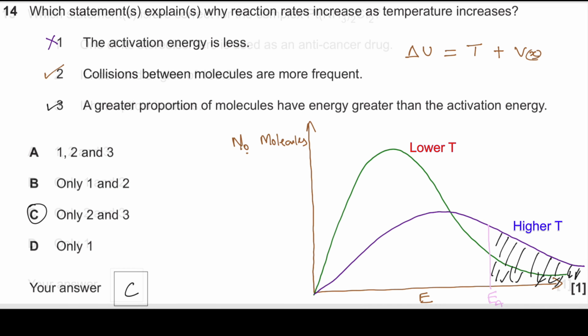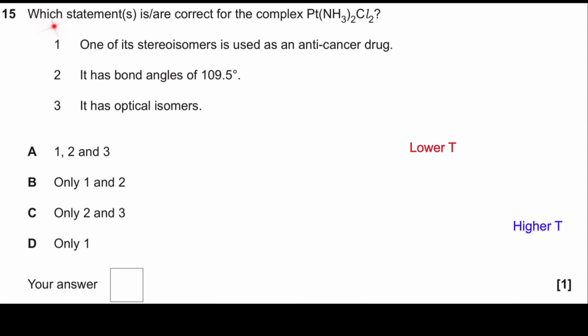Question 15. Which statement or statements is or are correct for the complex platinum ammonia 2 chlorine 2? 1. One of its stereoisomers is used as an anti-cancer drug.